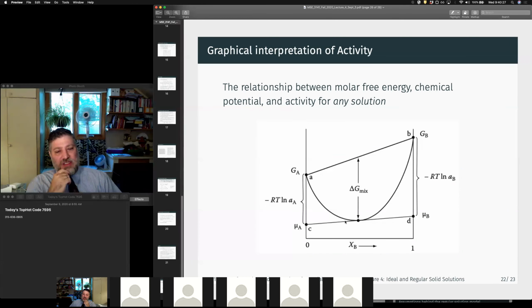The tangent still gives us our chemical potential, but the distance between here, the free energy of our pure solution, and our chemical potential, this distance, is minus RT times the natural log of our activity. And essentially, this gives us a driving force for mixing.